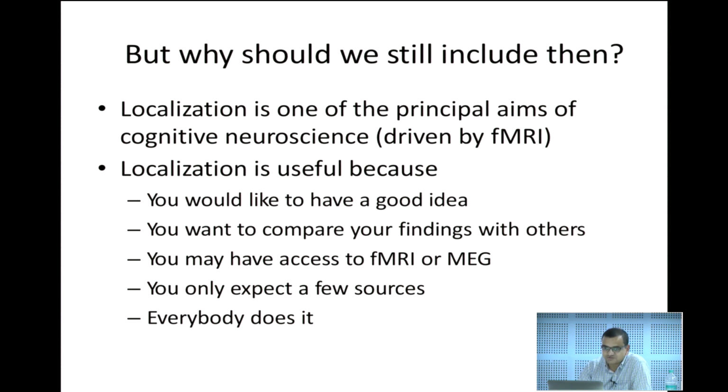If you have damage in Wernicke's region, you would be able to speak, but your meaning is gone. So, one function is impaired while the other is intact, and vice versa.